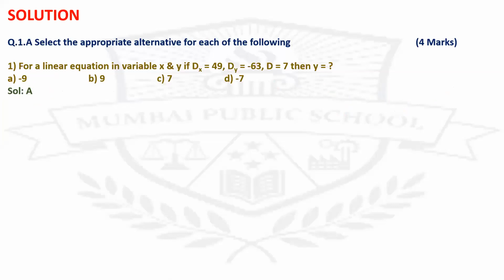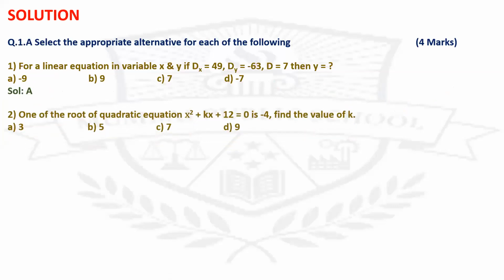We'll move ahead. One of the roots of the quadratic equation x squared plus kx plus 12 equals 0 is minus 4. Find the value of k. Now here also check this part, it's not typed in the question paper.